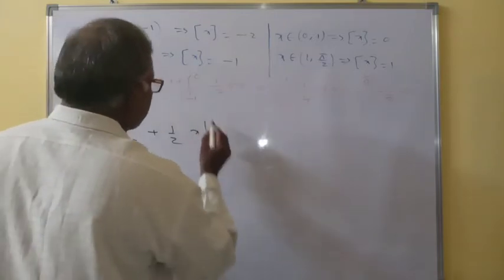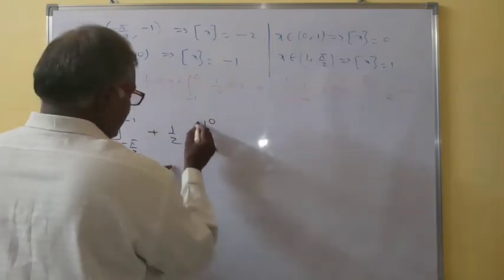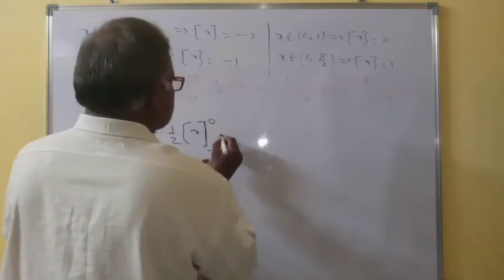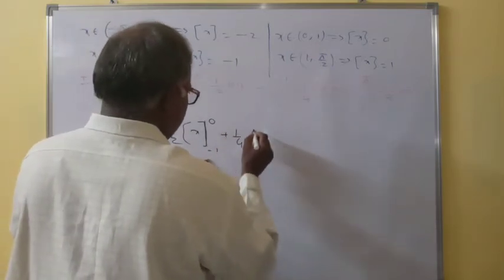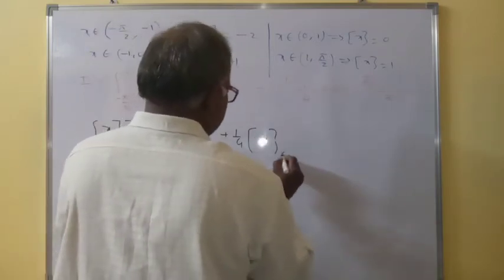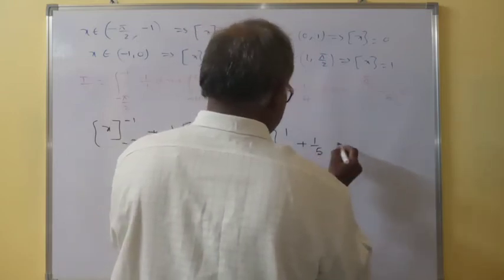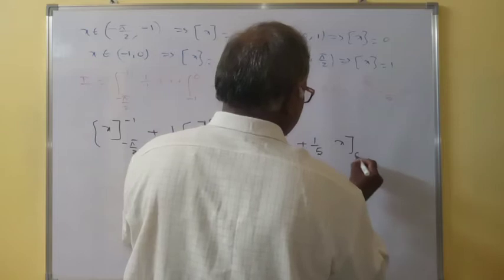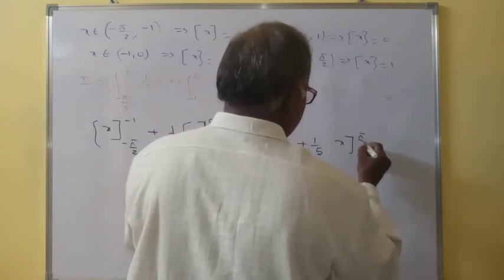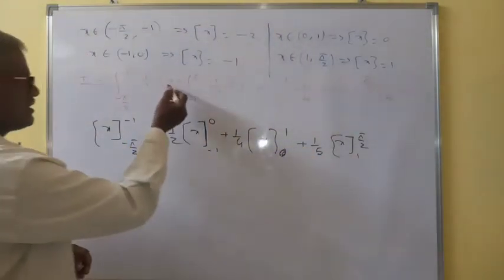Actually we have to denote this with a substitution, but for our content we just do it like this. Next 1 by 4 into the integral, which is x, from 0 to 1. Next 1 by 5 into x from 1 to pi by 2. Here the integral of dx is equal to x.